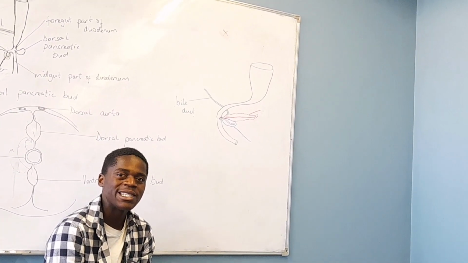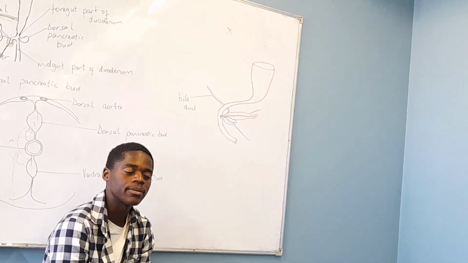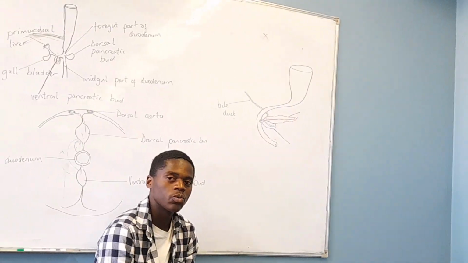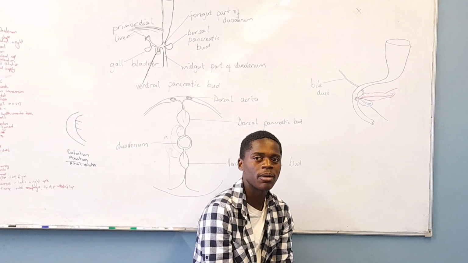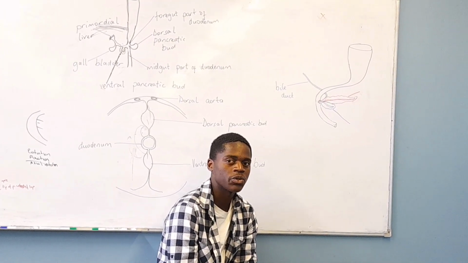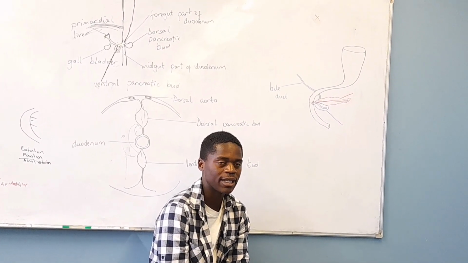Our question is always, what can go wrong? So what can go wrong in development of the pancreas? Number one, we have something that we call an accessory pancreatic bud.